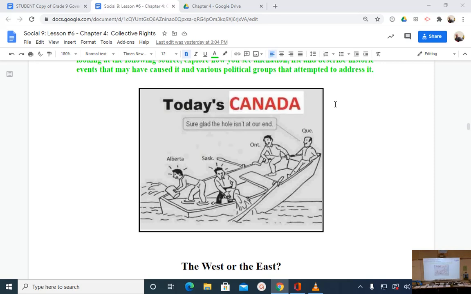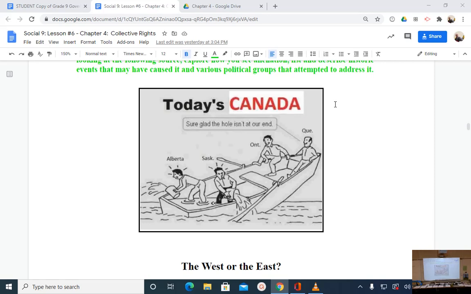Anything in a cartoon that's in writing, any captions or titles, are typically quite purposeful in terms of helping us find the ideological perspective. So here it says Today's Canada, so we know the theme is Canada. It's communicating something to us about Canada. Cartoonists typically are trying to present an ideological perspective.